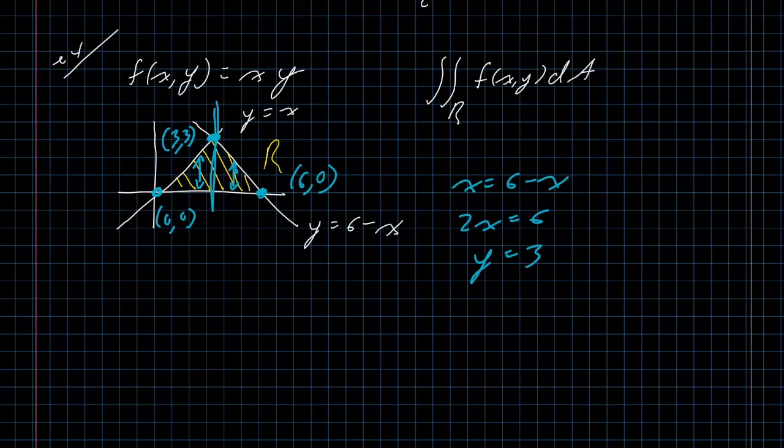So if I want to integrate with respect to y, then with respect to x, the same way we've set up before, I actually have to break this into two regions. I can take the integral where x goes from 0 to 3, the left side of this triangle, where I'm bounded between the x-axis, y equals 0, and the line y equals x.